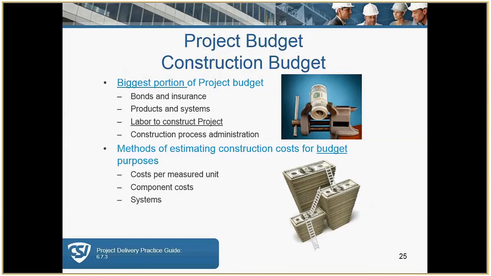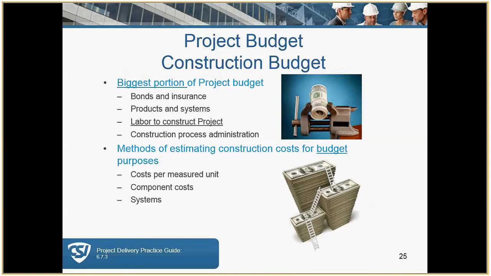When you get a question, read the question carefully. It's one of those exams that's kind of long and it's easy to start thinking you know what you read. So what's the biggest portion of the project budget? Bonds and insurance, products and systems, and labor.